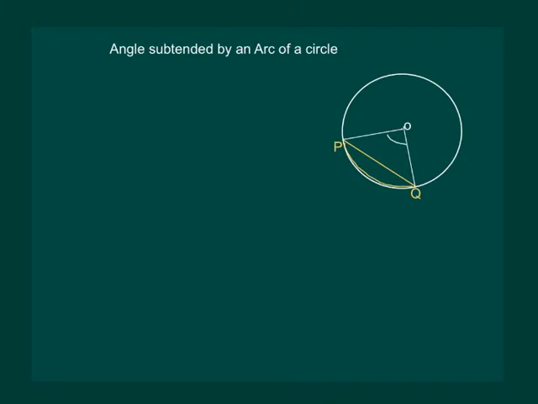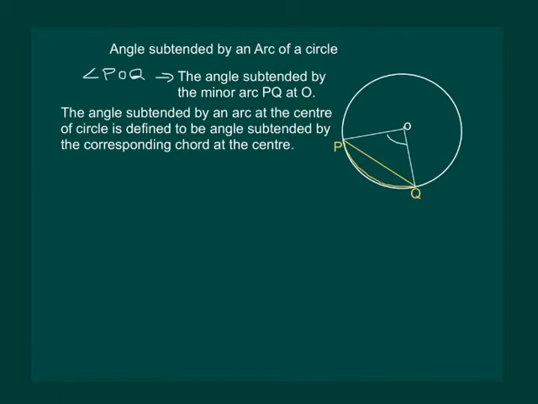That is, angle POQ is the angle subtended by the arc PQ at the center O. And hence we define that the angle subtended by an arc at the center of the circle is defined to be the angle subtended by the corresponding chord at the center.